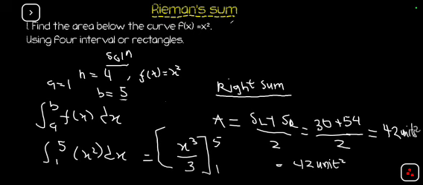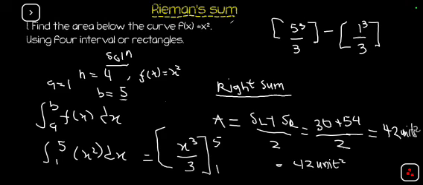So let's move here and do that one too. Let's put 5 in it first. So 5 cubed over 3, and then minus 1 cubed all over 3.